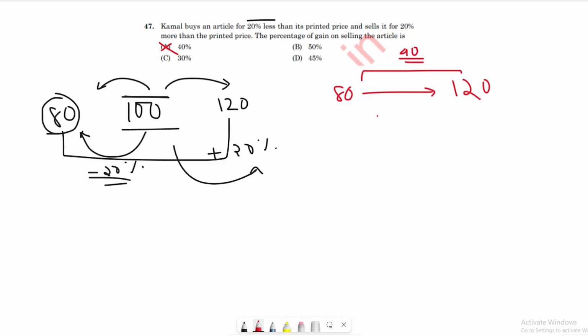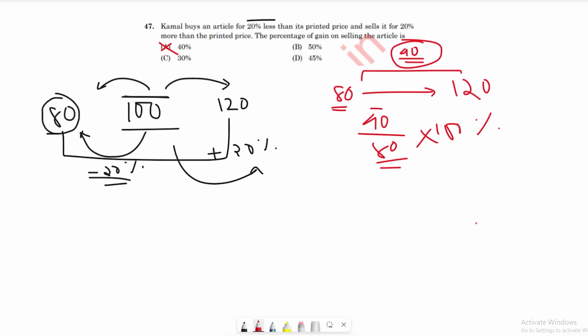You have to understand that the percentage gain is generally calculated on the cost price. So we calculate the gain as 40 by 80 into 100. The cost price was 80, and he made a profit of 40 rupees.